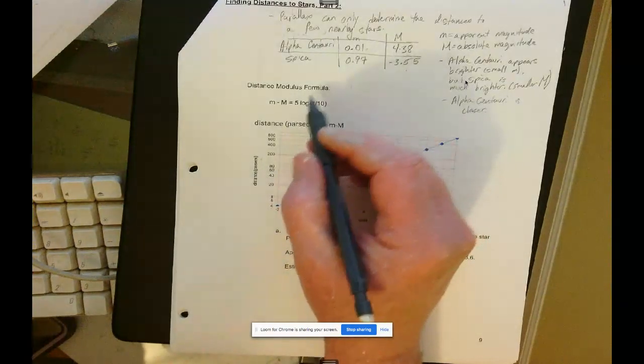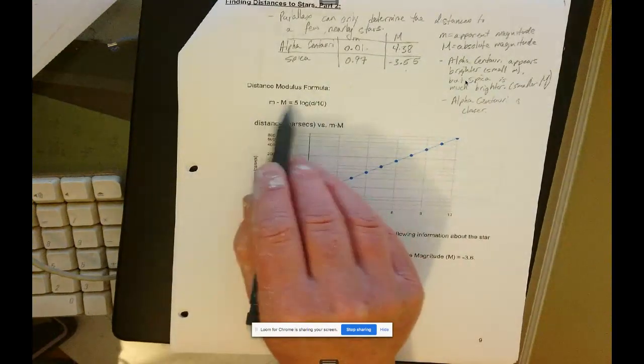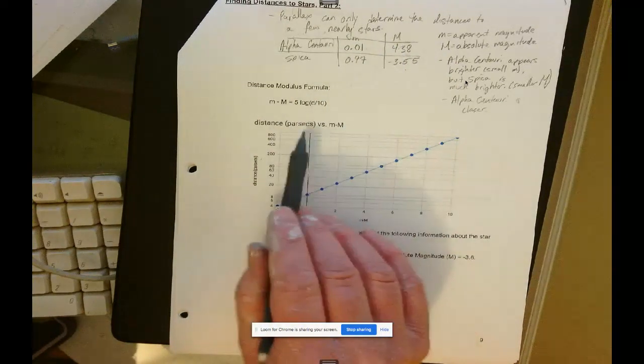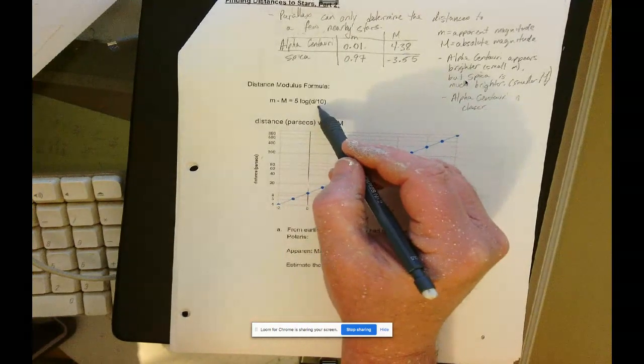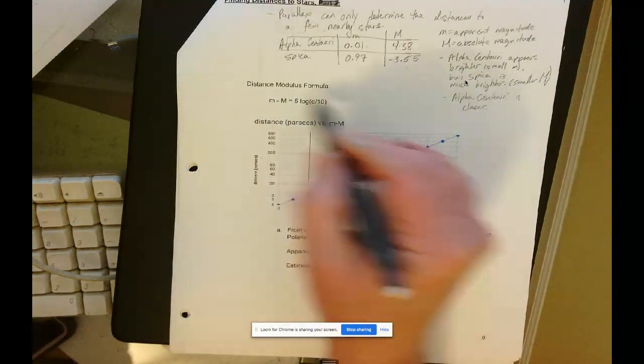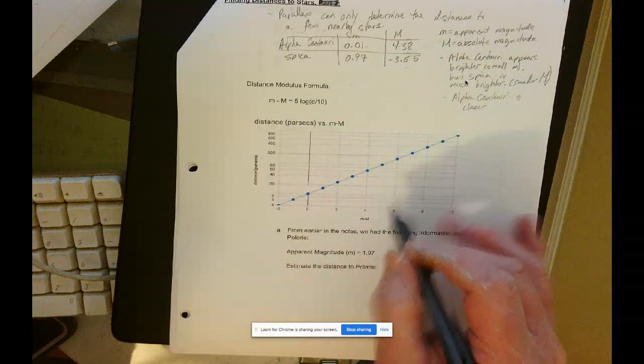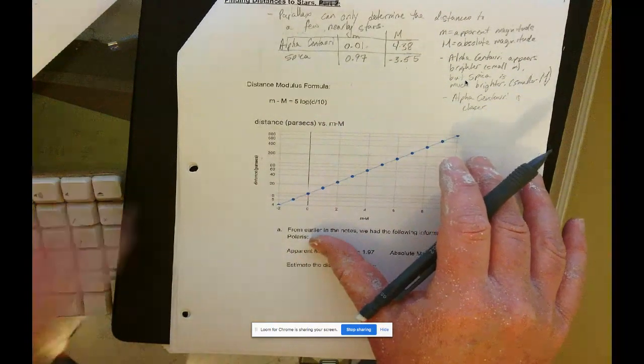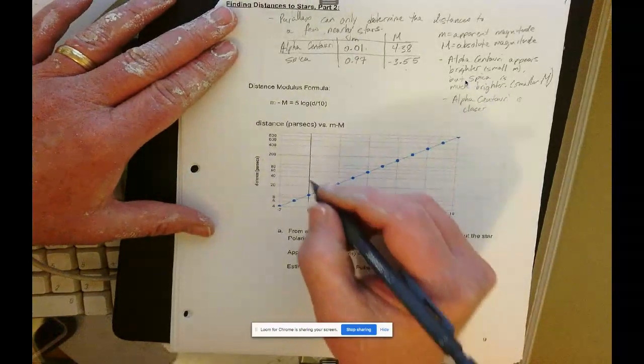And there's a mathematical formula for it. If we subtract the little m, the apparent magnitude, minus the absolute magnitude, we can plug in here and get d, the distance. We're not going to use the math formula. Okay, that's a little bit beyond this course. What we're going to do is I just graphed it here, and we're going to read it off the graph. Now, for some reason, this graph didn't print a couple of the numbers.